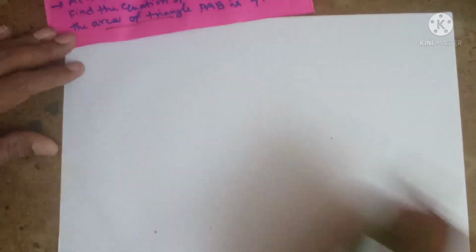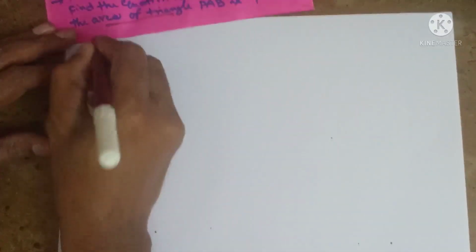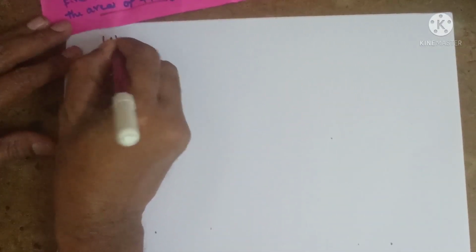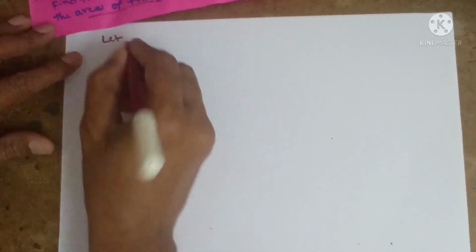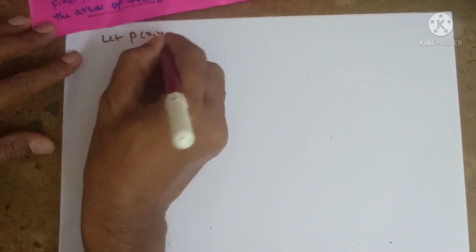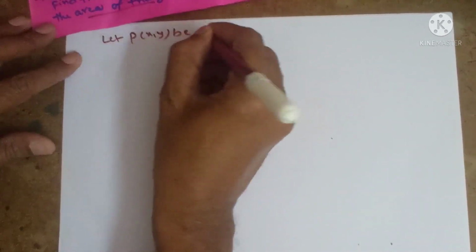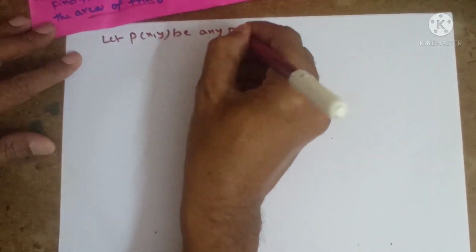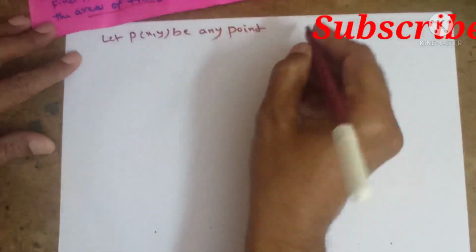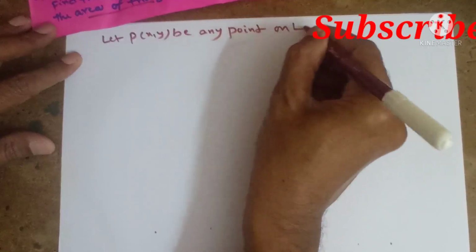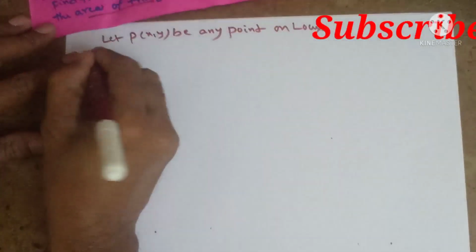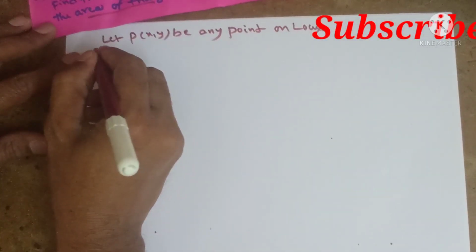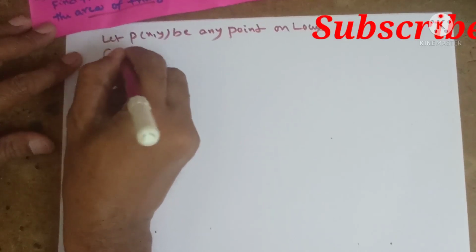So first of all, let P of x comma y be any point on locus. Next, the second step is given points.